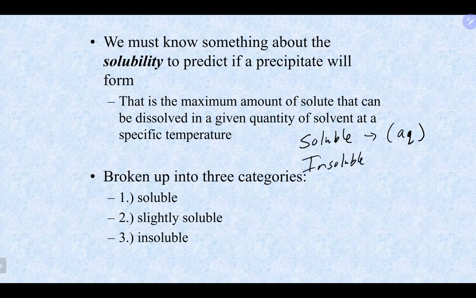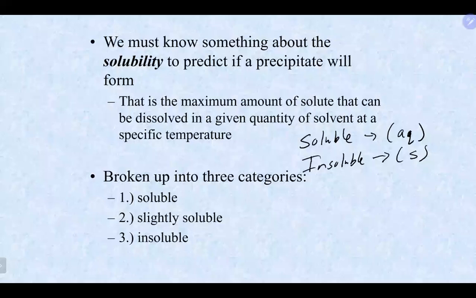So if we're talking about a solid in a solution or a liquid, the solid will still be there, and those are the ones that get the solid symbol next to them. So if something is insoluble, it is the solid. If something is deemed soluble, it's going to be aqueous, which means it's just still floating around in the solution, like the sodium nitrate example a second ago. They're not going to make anything.